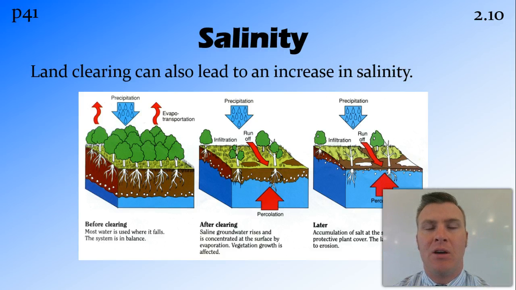As the groundwater supply builds from the rain sinking down into it, nothing is bringing it up. So as it builds, it moves up through different strata of ground, and some of these strata have a lot of dissolved salts in them. As this happens, it brings the dissolved salts up out of the ground. This increases the salinity, it can cause salt flats, and it's very bad for an ecosystem because most plants don't have a great ability of dealing with salinity.